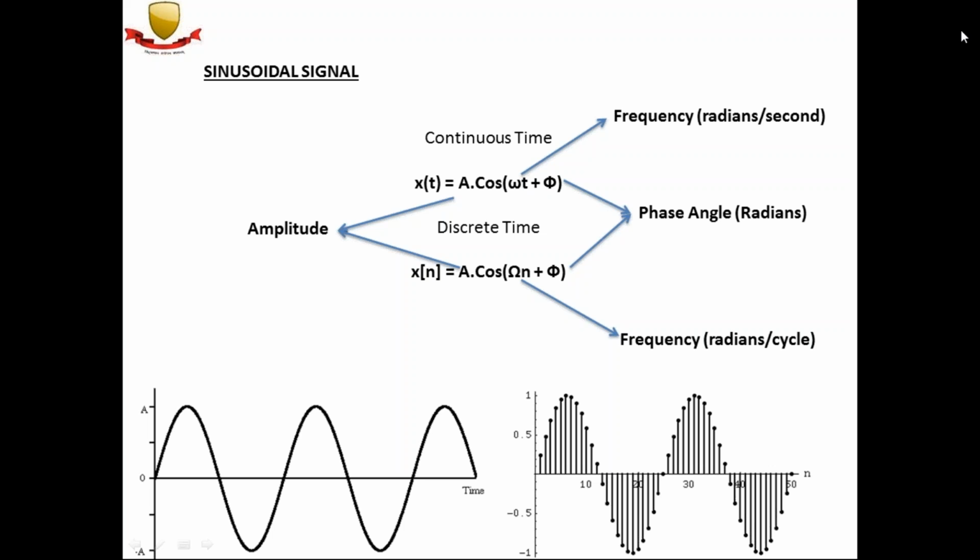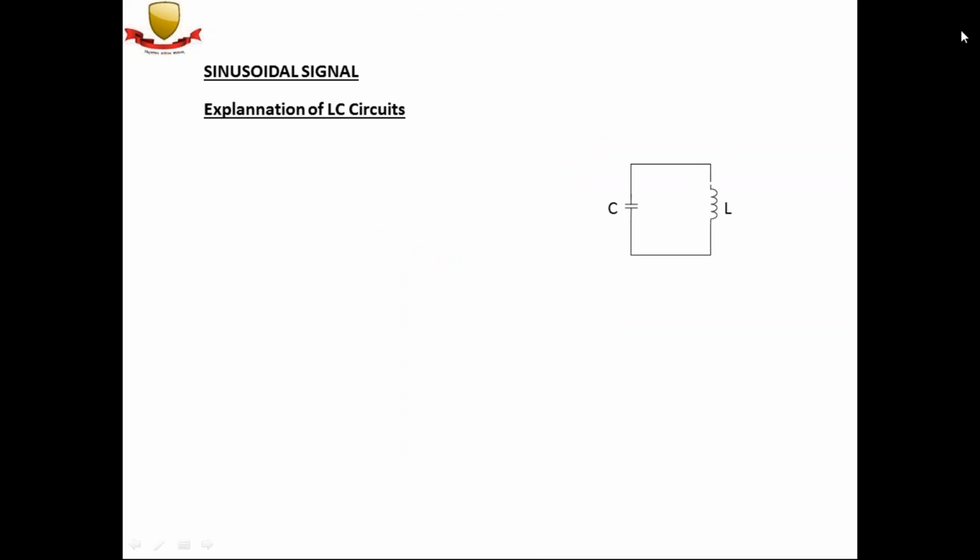Now, let's take one more example about the generation of a sinusoidal signal. For this, we can explain the LC circuit, that is, an inductor and capacitor circuit. Here, the inductor and capacitor are connected in parallel. First of all, the voltage developed across the capacitor at time t equal to 0 is called V0. And for the operation of the circuit for time greater than or equal to 0, we can see it's like LC d2v/dt2 plus v(t) equals 0.